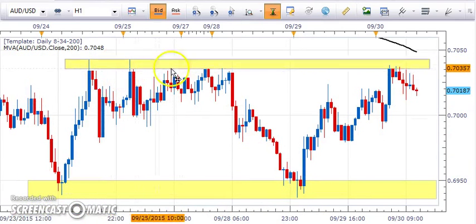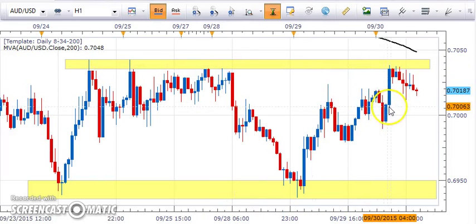And you can see we had this trading range, and then early this morning we had this run up, and it bumped its head on this area of resistance and is moving right back down.